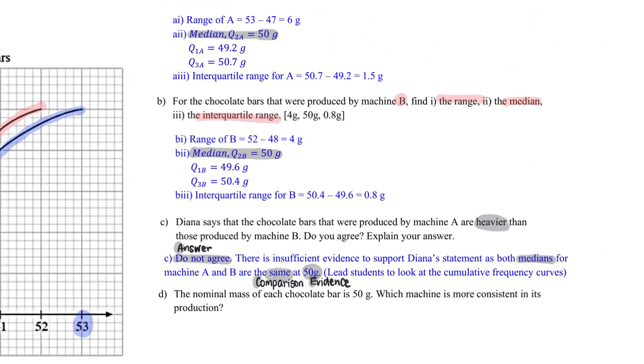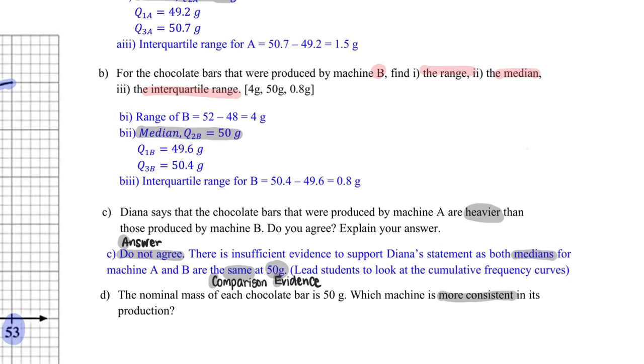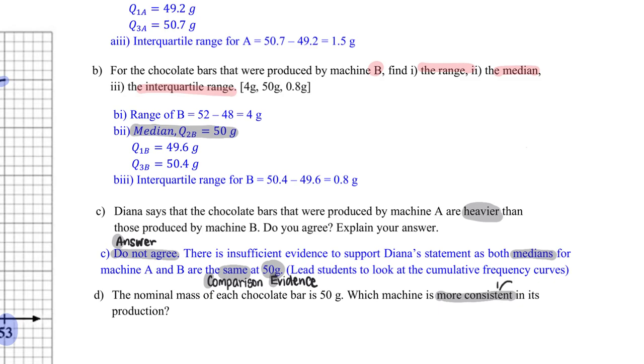Next, we are required to decide which machine is more consistent. So if we are going to talk about consistency, then we need to look at the measures of spread.